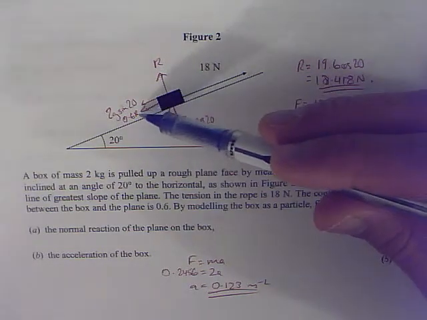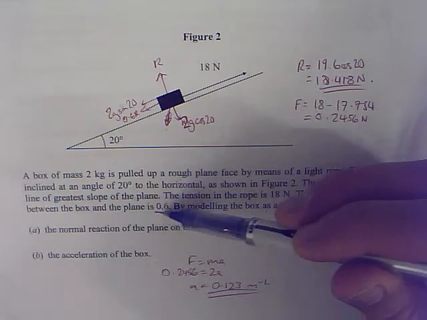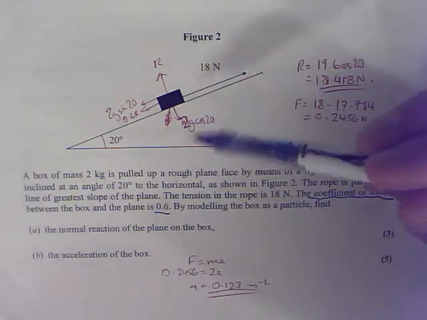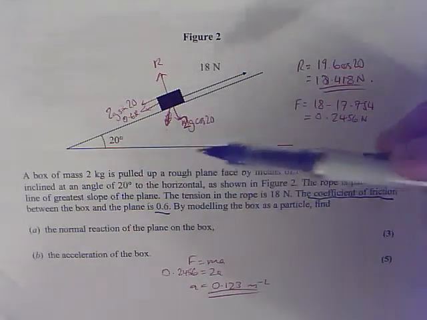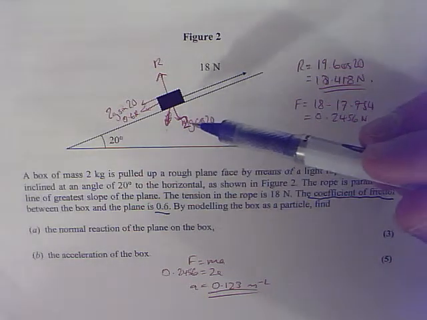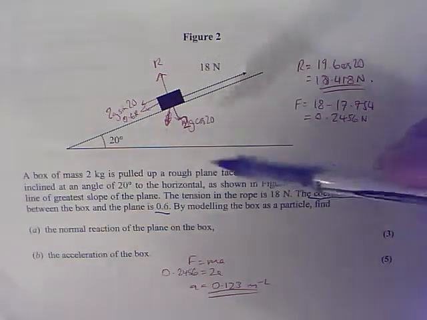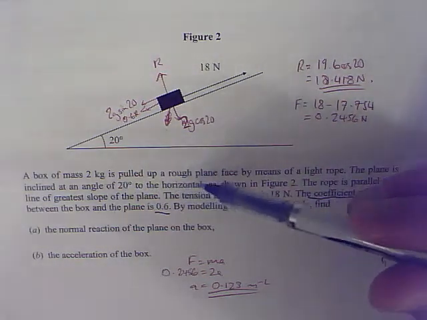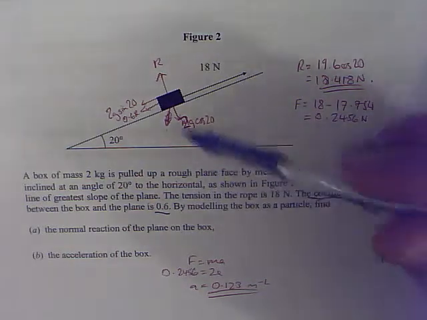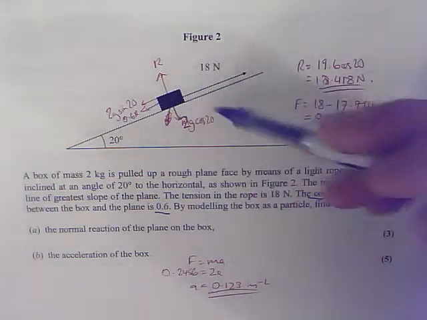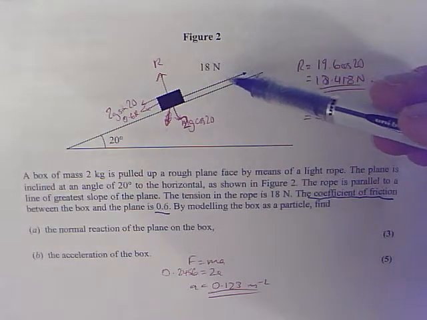I've written this slightly differently. I've shown the perpendicular component of the weight here, which is 2g cos 20, and the parallel component of the weight here, 2g sin 20, with R as it always does, going perpendicular to the slope. And I've written 0.6R here because we know that the coefficient of friction is 0.6. And the friction isn't always mu R.